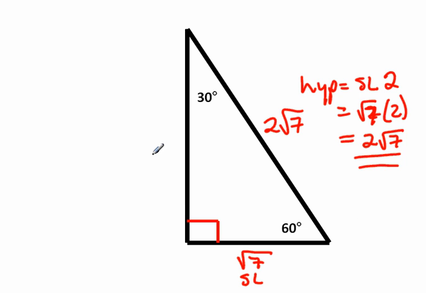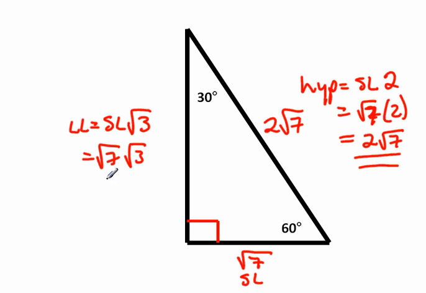Now, we're not done yet because we want the long leg, and we know that the long leg is equal to the short leg times root 3. So if the short leg is the square root of 7, this equals the square root of 7 times the square root of 3.